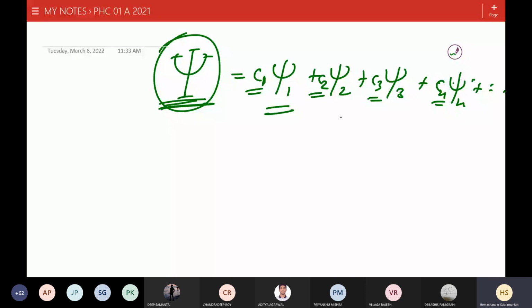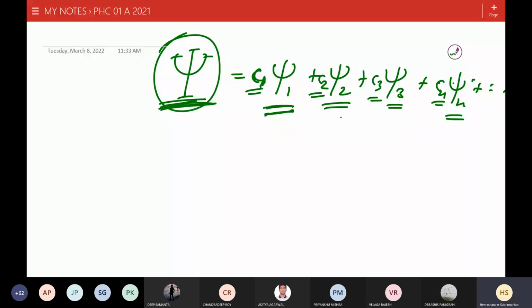You guys understand this. Schrodinger equation is a linear equation, and linear equations obey the superposition principle. So for any solutions psi 1, psi 2, psi 3, you can add them together, multiply by some constants, and create another solution which also satisfies Schrodinger's equation.